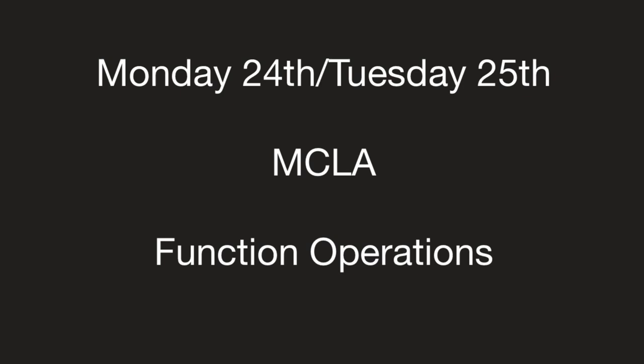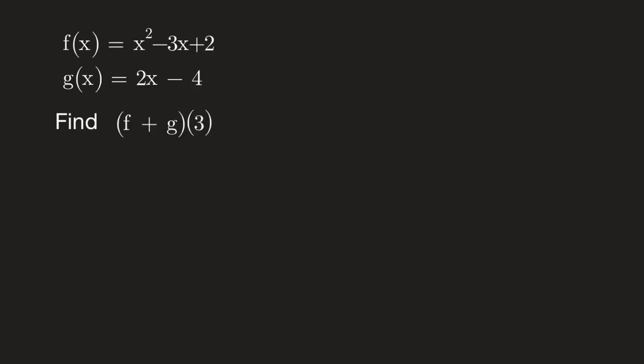Okie dokie. All right, function operations. This is kind of what you're going to see today. You are going to be given a couple of functions. And again, in review, we talked about this. We said that these functions have names.